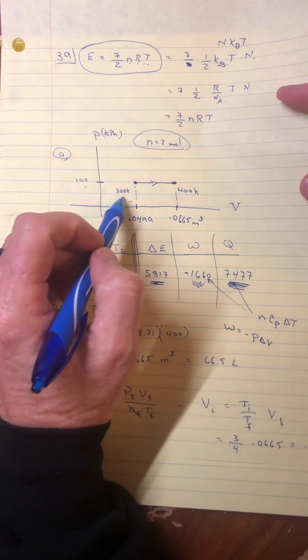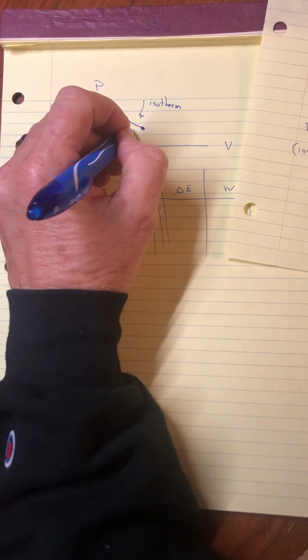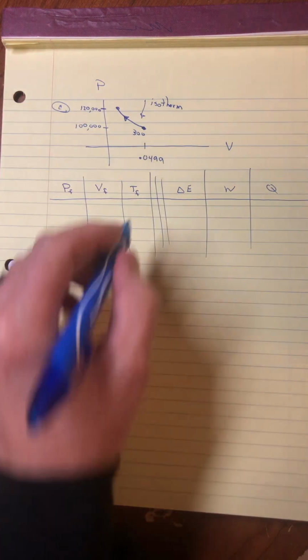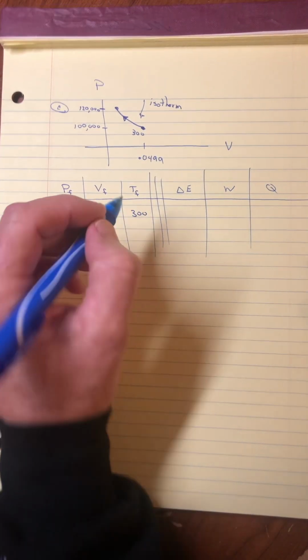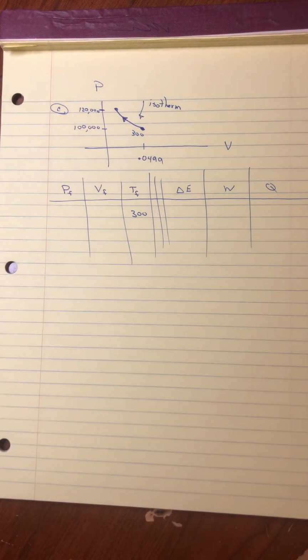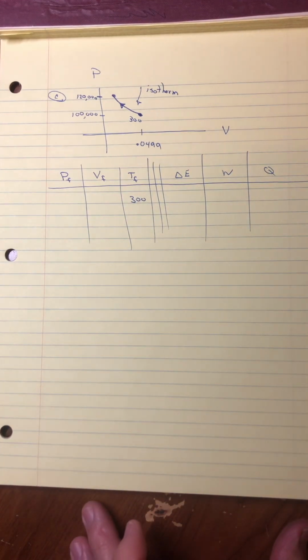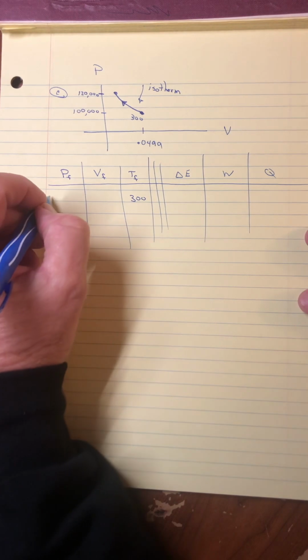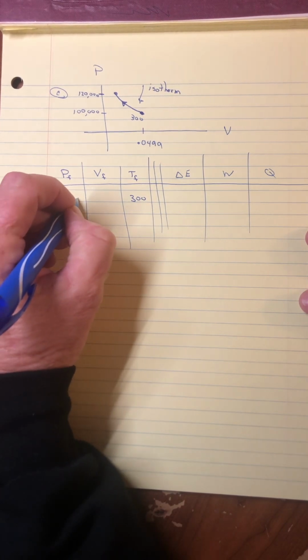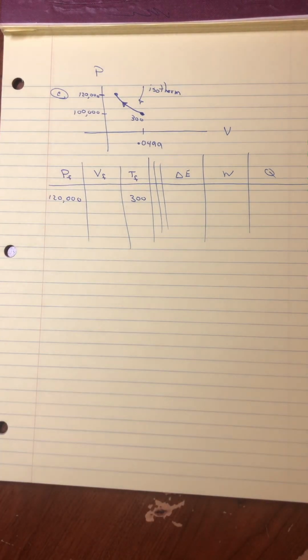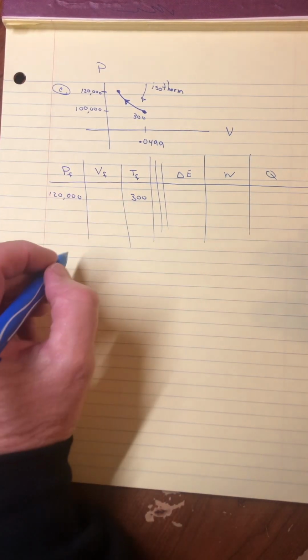I didn't show it here, but I should have put, it starts at 300. And that makes that one easy because they say we are compressing it at constant temperature. So the final temperature is still going to be 300. Also makes the final pressure real easy because that's given. They tell you compress it until the pressure gets to 120. And the only unknown here is the volume.